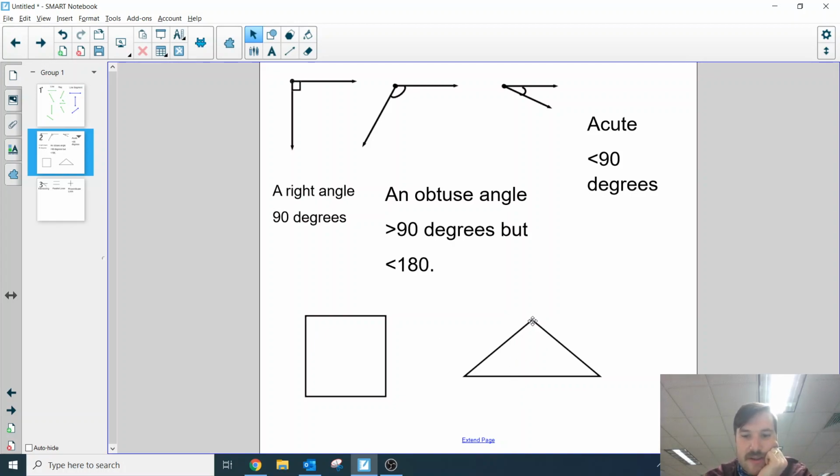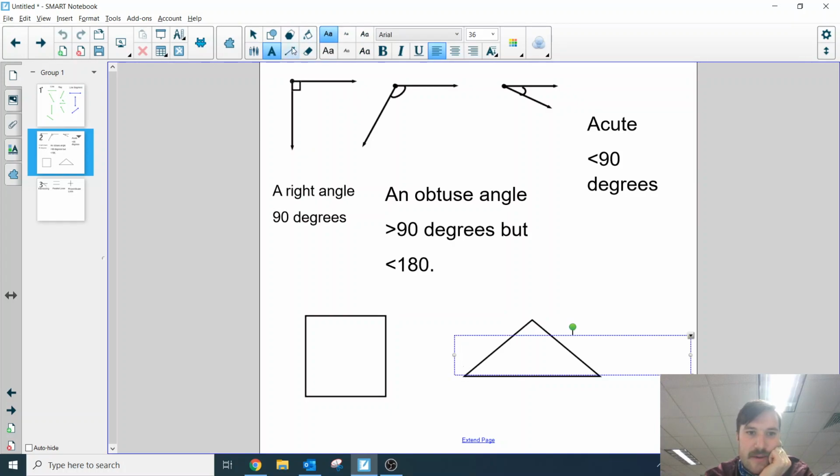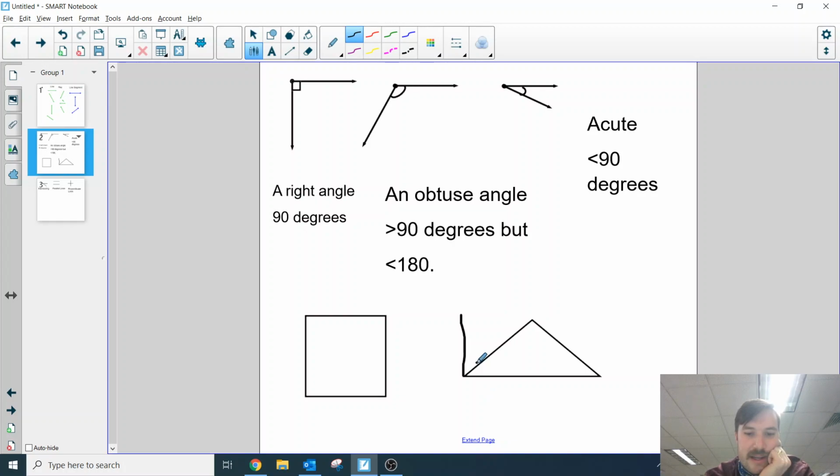This triangle, on the other hand, it has an angle that looks less than 90 degrees. So if I were to draw this line up to make it 90, oops, wrong thing. There we go. So a 90-degree angle would be about here. So this is less than 90. So that would be an acute angle.